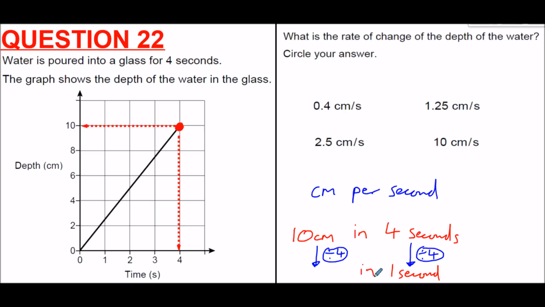So if we divide the seconds by 4, we need to divide the depth by 4 as well. And 10 divided by 4, that would give us 2.5 centimetres. 2.5 centimetres in 1 second. That's another way of saying it's 2.5 centimetres per second. And so what we need to do now is circle this option here.